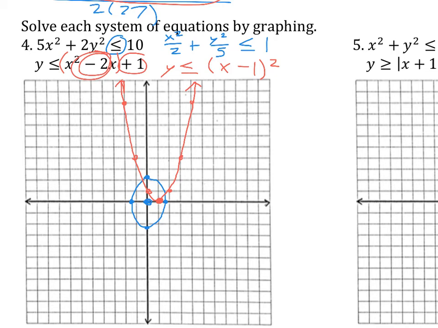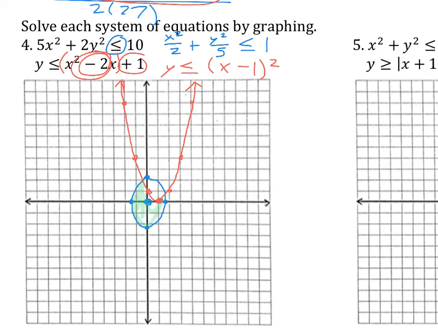All right, for an ellipse, less than means shade inside. For a parabola, less than means shade below. So we want to be inside the ellipse, but below the parabola. So I'm going to shade only this part of the ellipse.